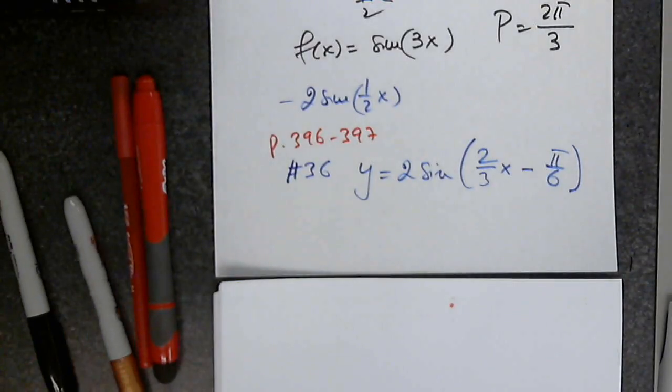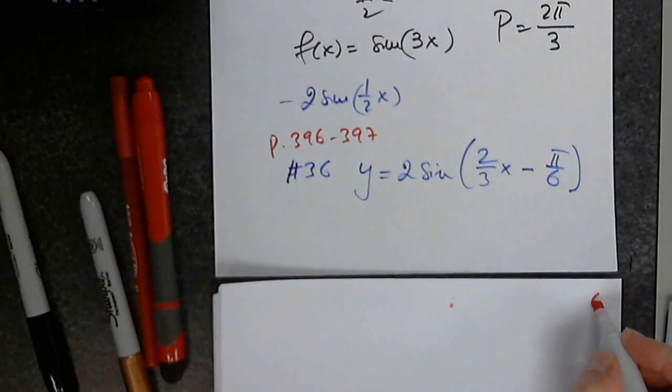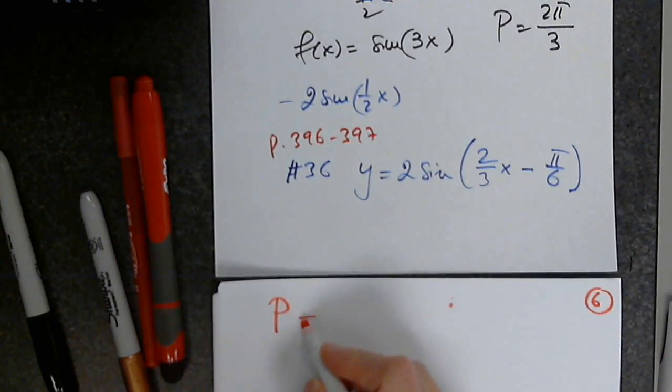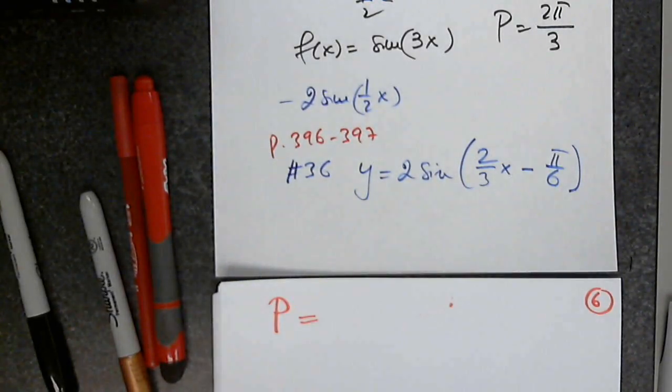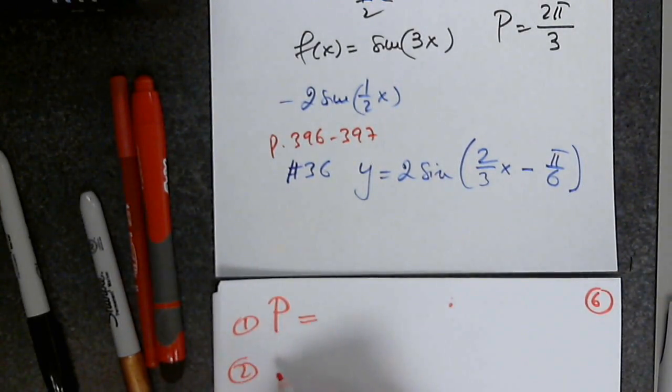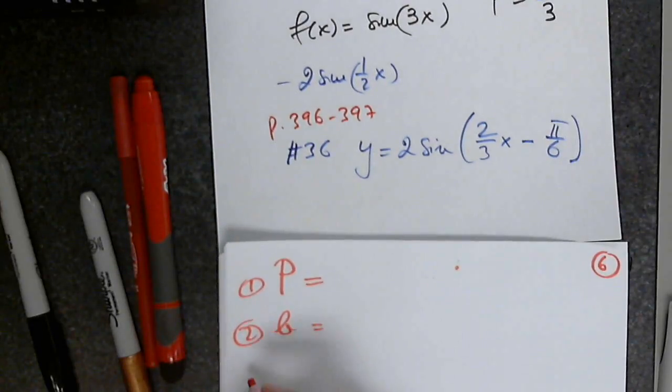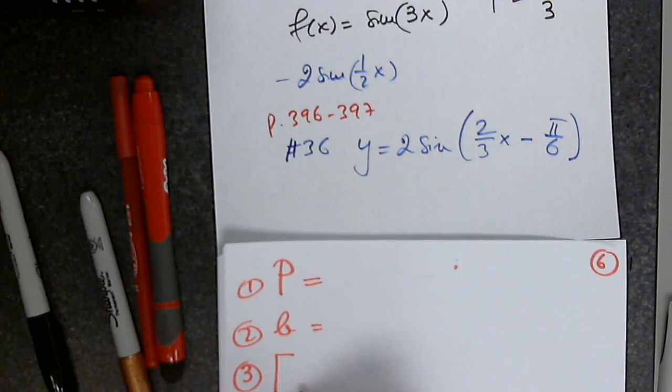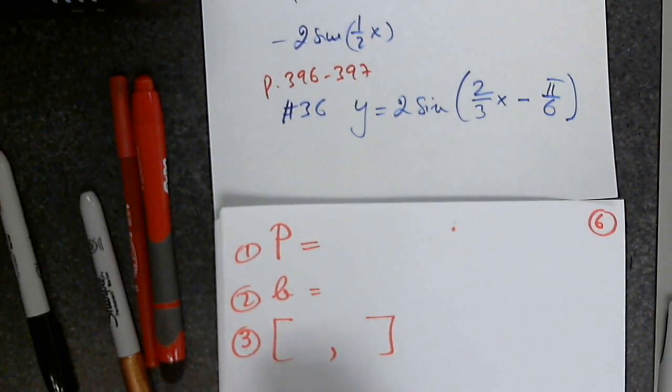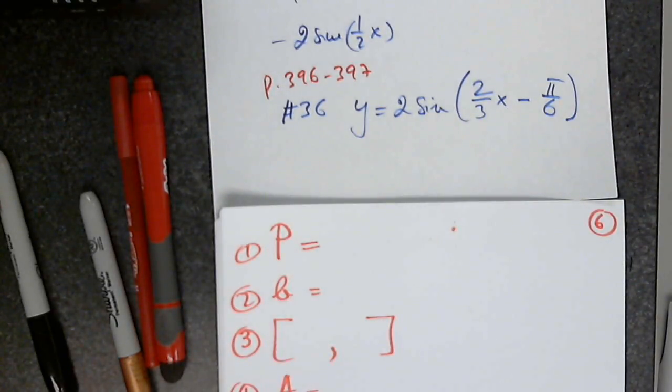Good. So I'm going to start with period. Oh, let's just list them. 1, period, 2, phase shift, 3, interval, and 4, amplitude. And then the graph.